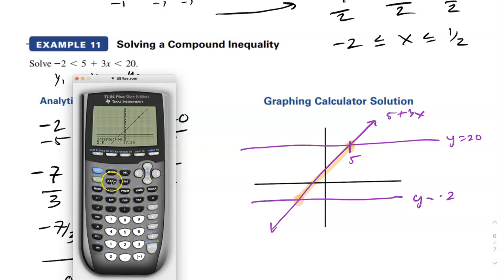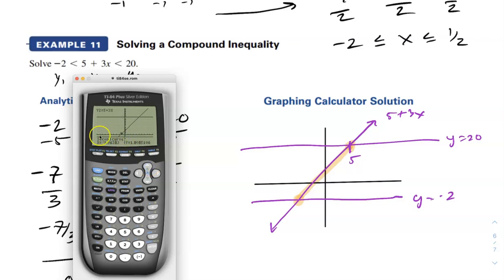Now I gotta find the other one. So I'm gonna go second, calculate, intersect. I see, and I know what my problem was. So I went like this, right? I was moving close to this guy. When it hits second curve, you see how it jumps up here? So that's why it gave me this one. I actually want to jump to this one, so let me press up.